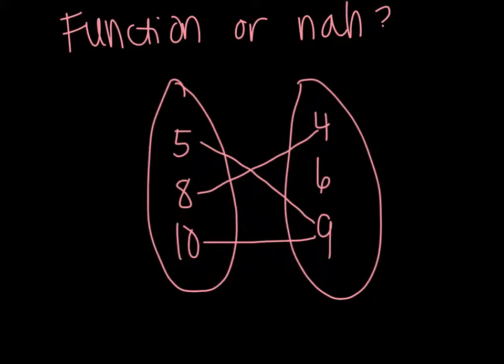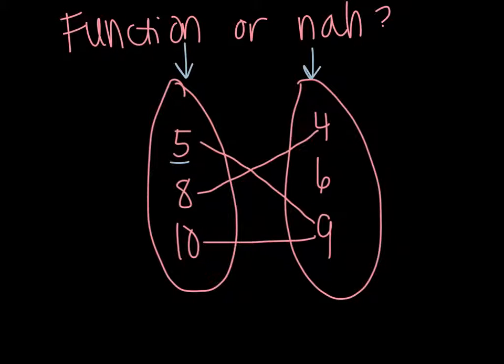So I like to ask, is it a function or not? Automatically, this is a relation. I have a set of inputs and I have a set of outputs, so I'm relating the two. But what I want to know is, is it a function or not? So what I do is I look at each of my inputs.